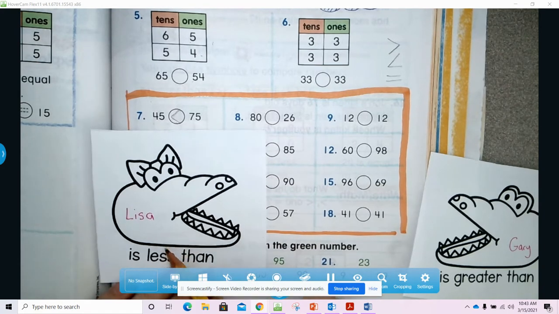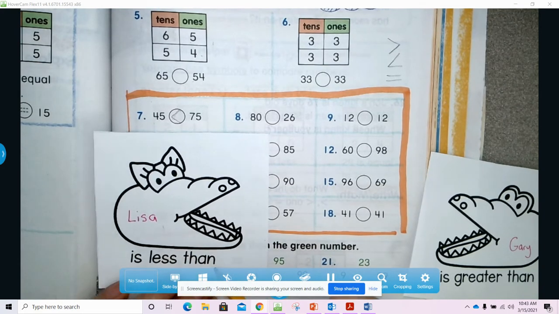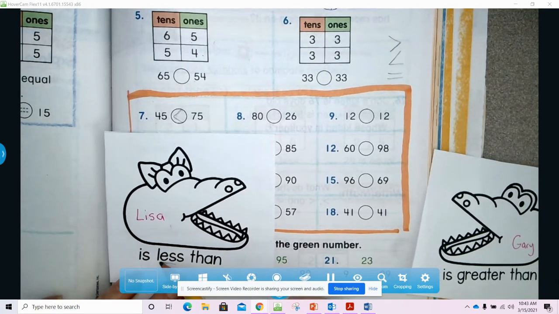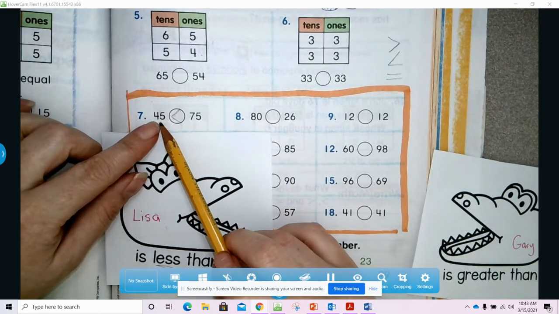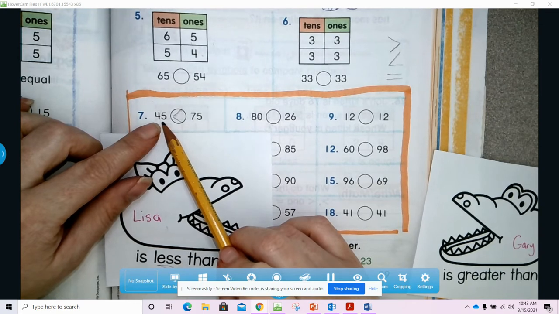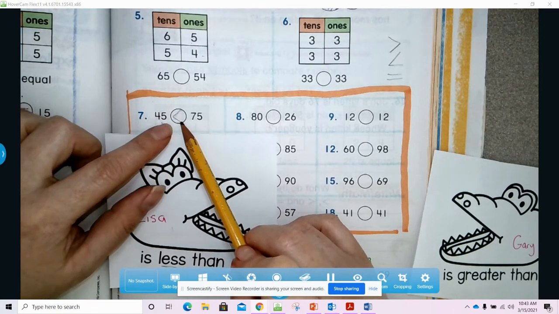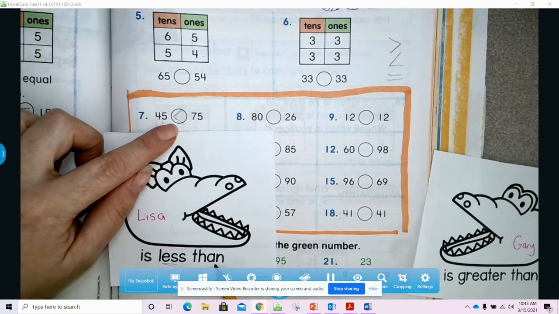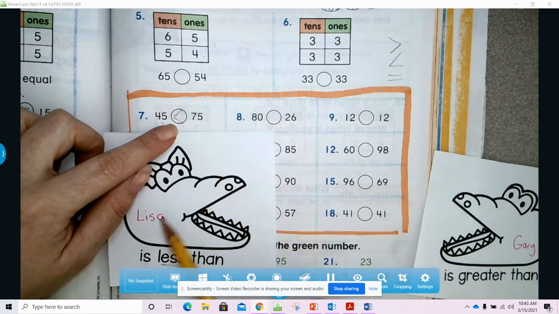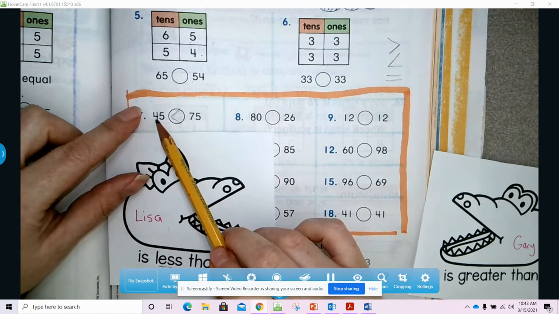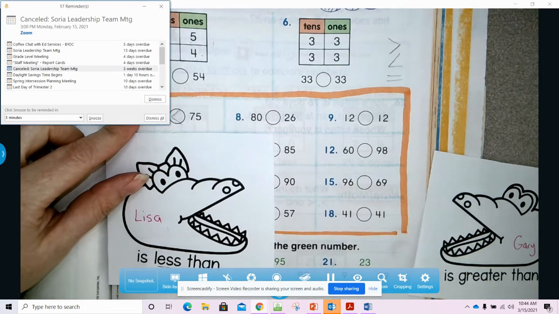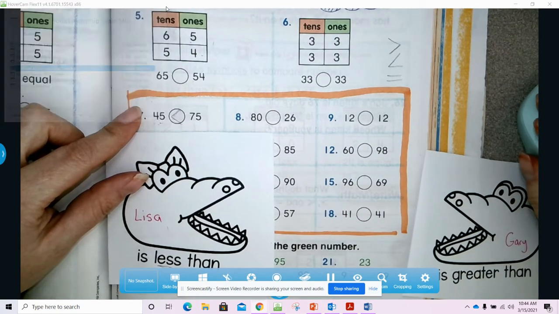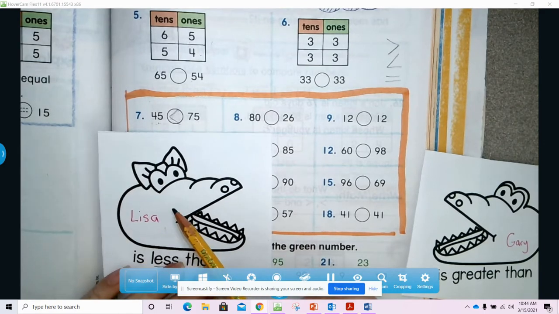So now this is Lisa less than. This is really important, less than. So when we read these two numbers, we read them like a sentence. We say 45, and this symbol means less than 75. Lisa less than. 45 is less than 75. Okay, that's how we read it.